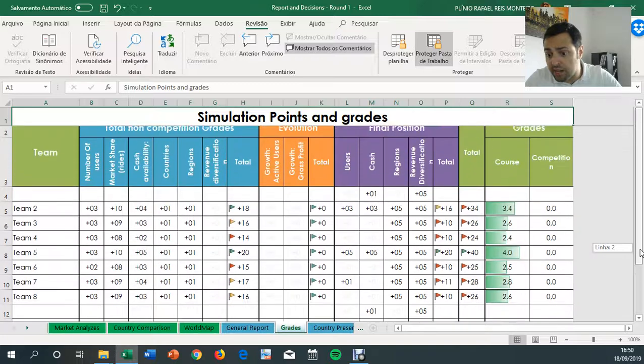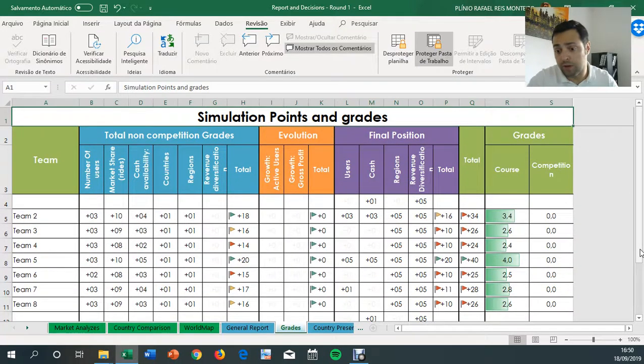As you can see here, even if you look to the results and find out a lot of variance in the cash availability and the number of users, we are very close in the competition. So I think that everyone has a chance to make better decisions and to win the competition right now.